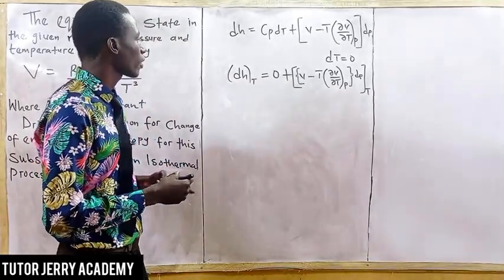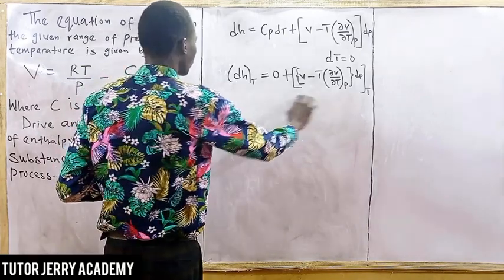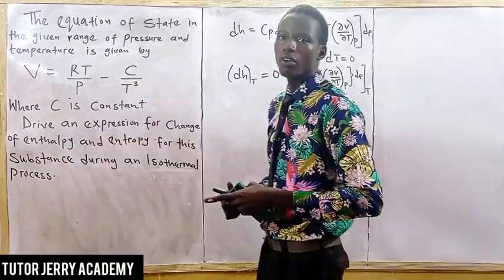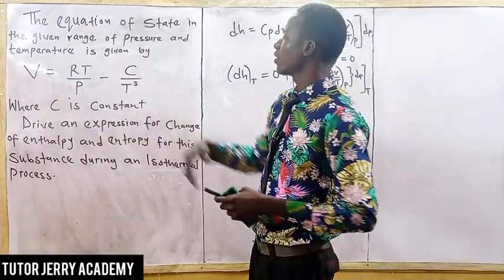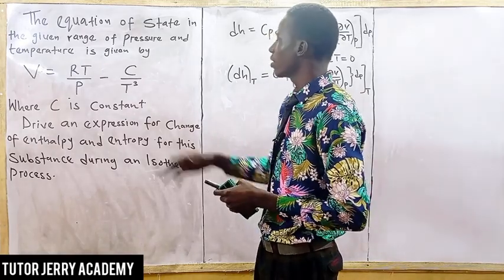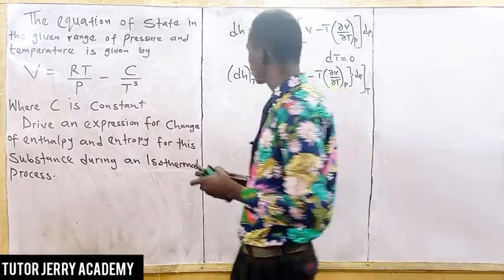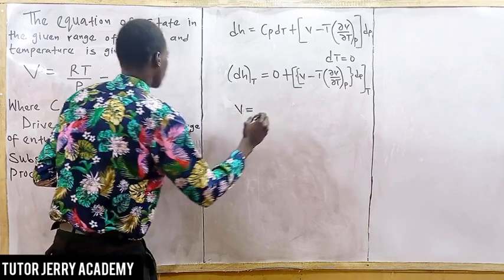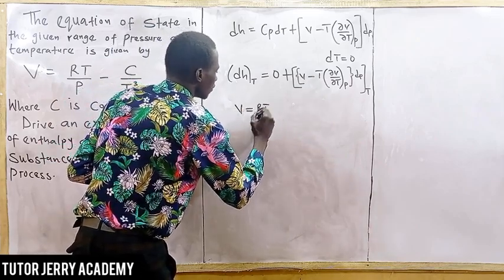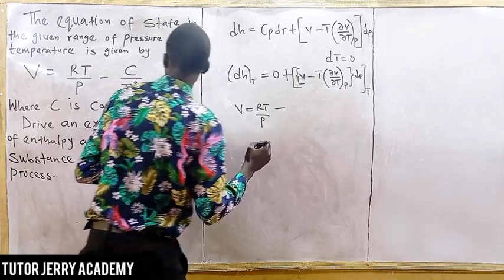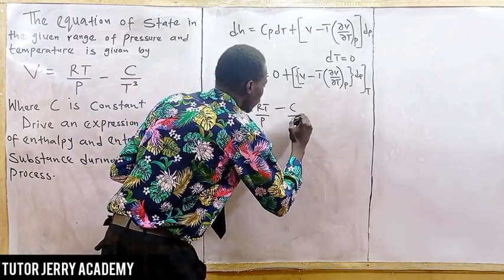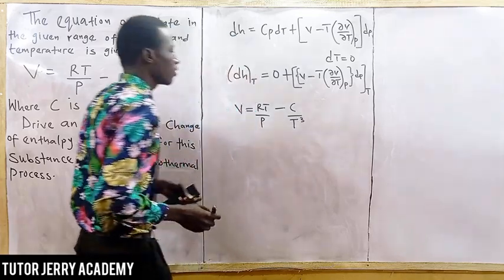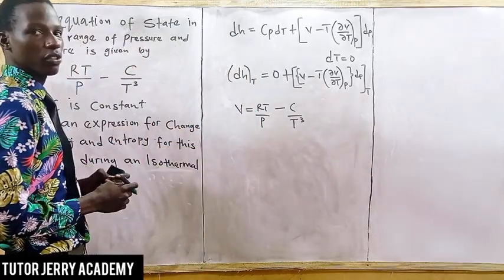Next, we use the equation of state. We know that V is equal to RT over P minus C over T cubed. This was given to us as our equation of state.